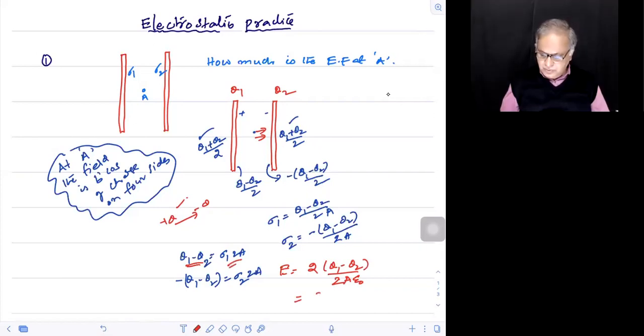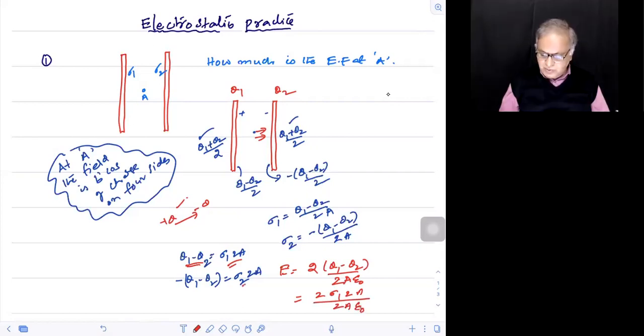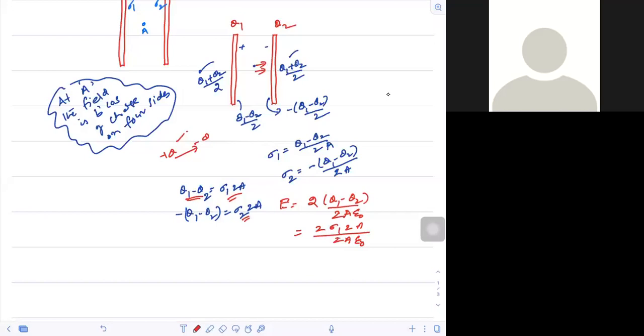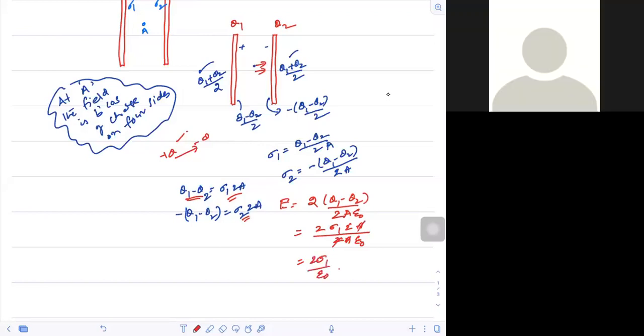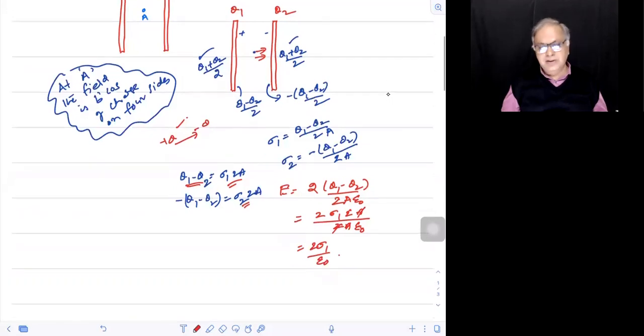So 2 into sigma 1 into 2A divided by 2A epsilon 0, or you can also write this one. So it will be either in terms of that or in terms of that. Is it okay? Yes, sir. So 2 gets cancelled. A gets also cancelled. So 2 sigma 1 by epsilon 0. So people tell me whether she is right or wrong. Any issues with that? Tell me.